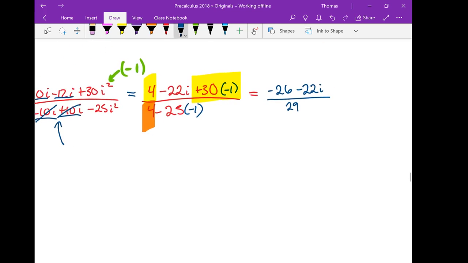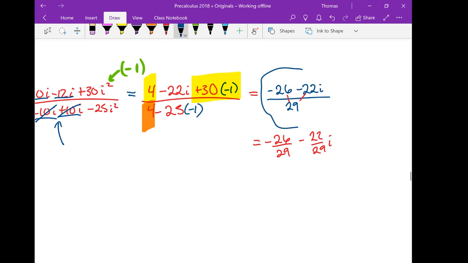So right now this is a totally great solution and valid. If we wanted to write it in the form a plus bi, though, in other words, we wanted to separate it into two fractions, I could do that. I just do each of the divisions separately. -26 over 29 minus 22 over 29i.